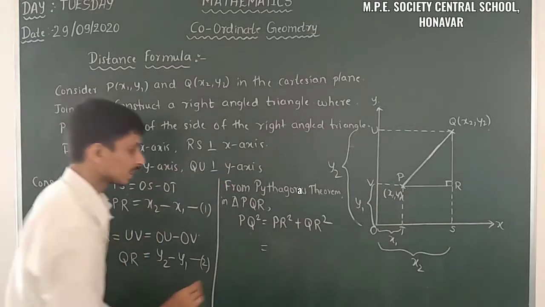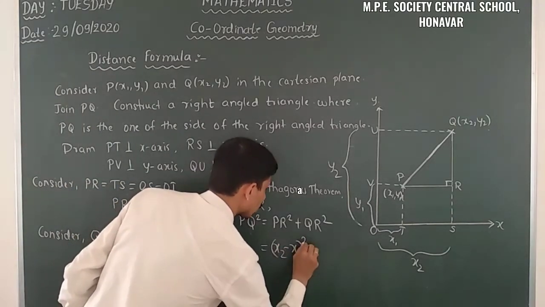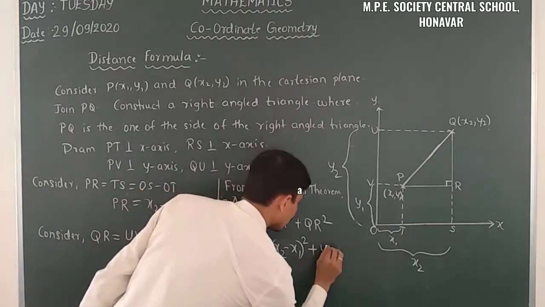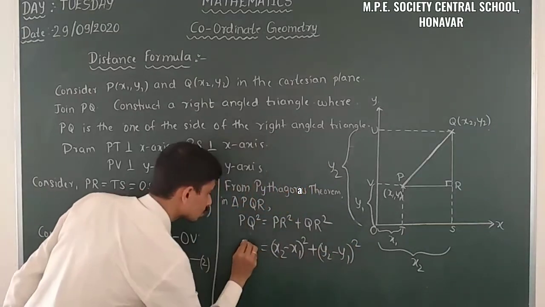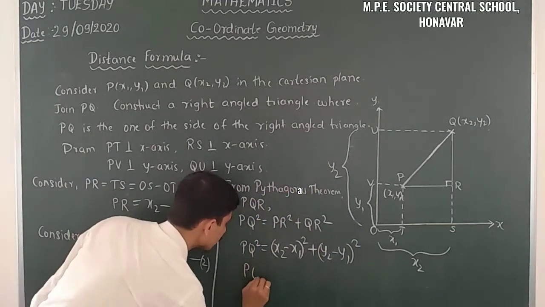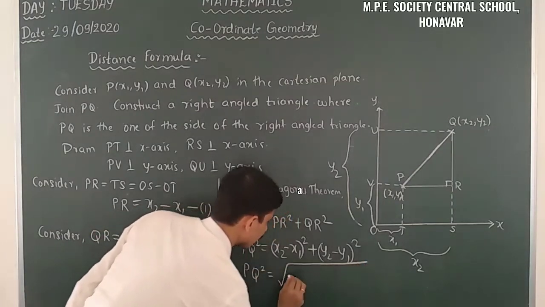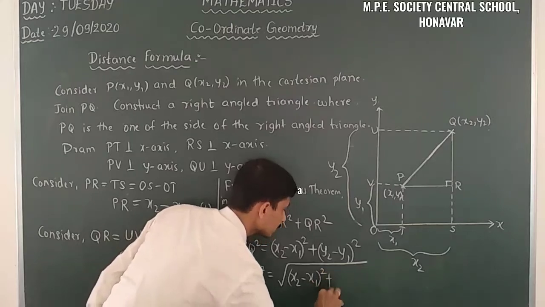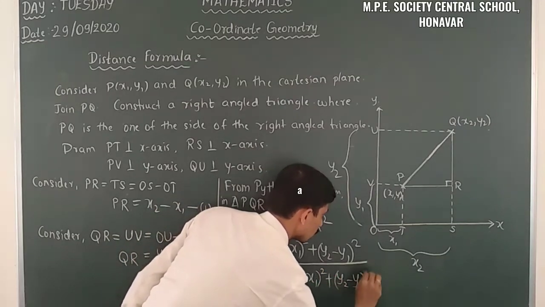X2 minus X1 whole square, plus QR, which is Y2 minus Y1 whole square. So PQ is equal to the square root of (X2 minus X1) whole square plus (Y2 minus Y1) whole square.